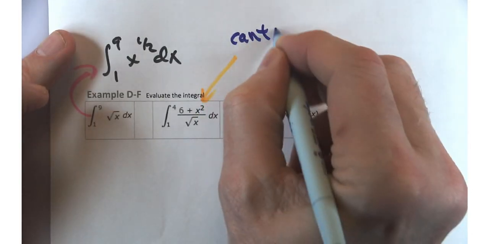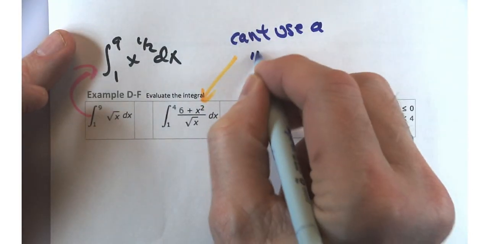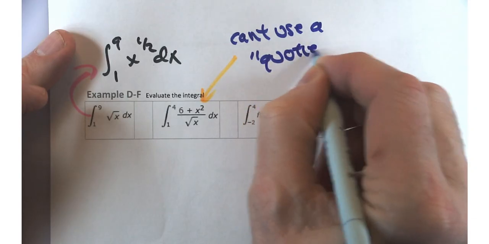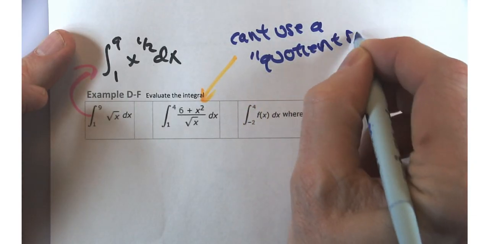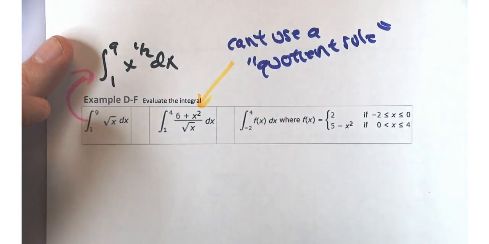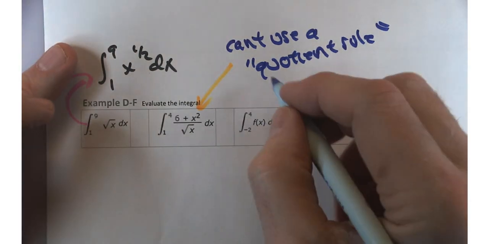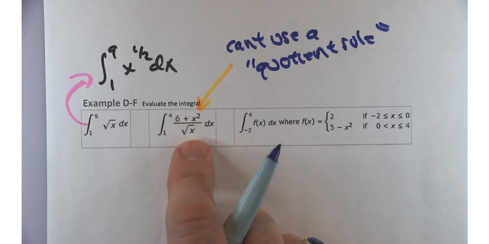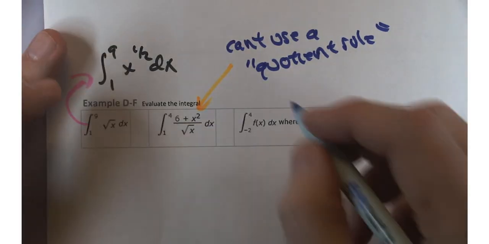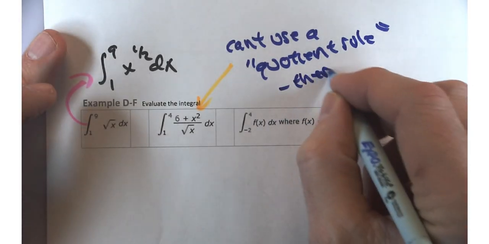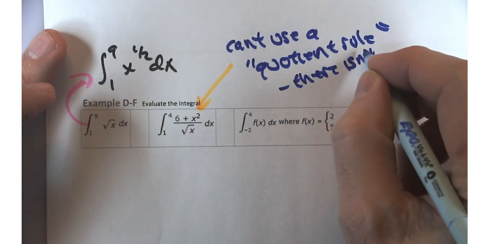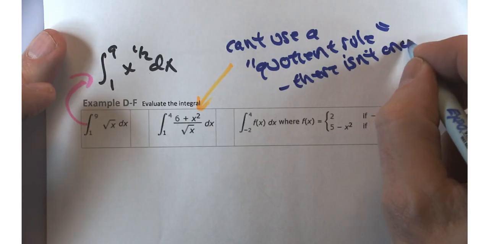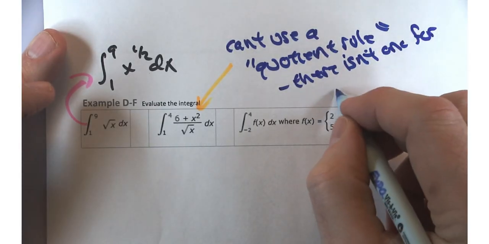A lot of times what I get is people will integrate the numerator and divide it by the integral of the denominator. It just doesn't work. There isn't one for antiderivatives.